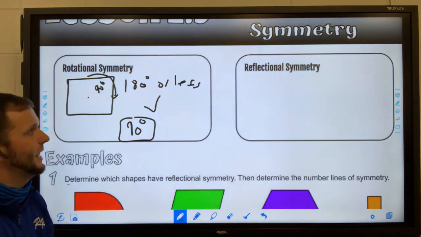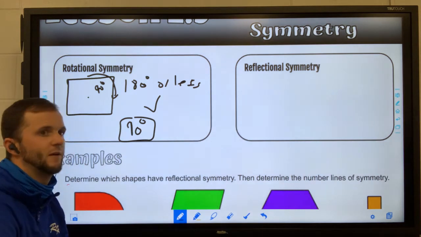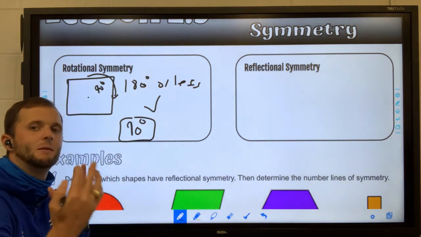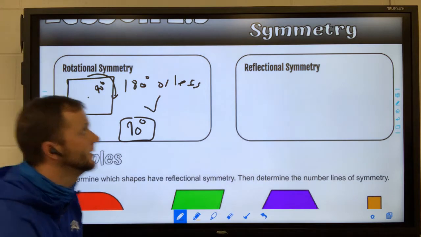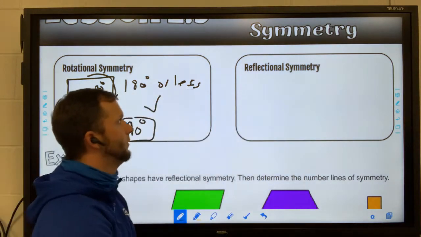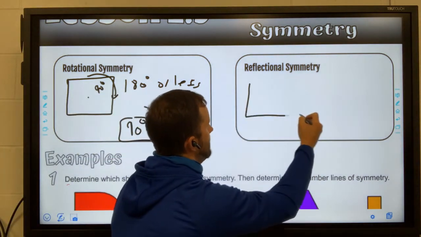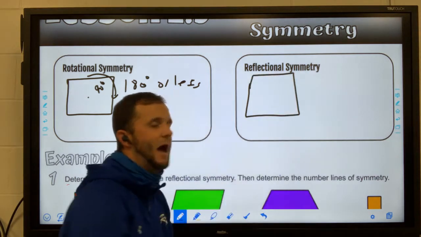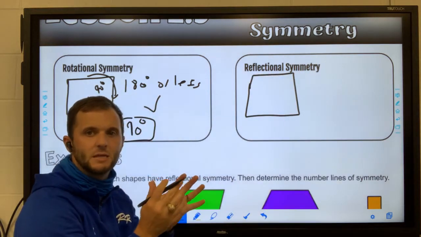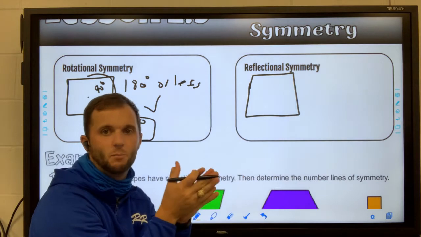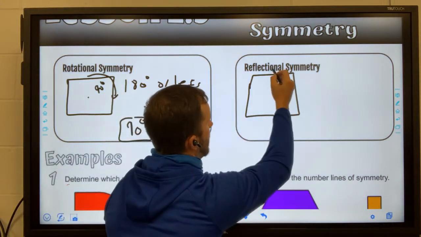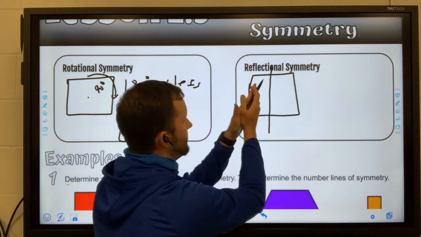The next one we're going to look at is reflectional symmetry. If I took a reflection, how many times would it look the same? If I take the same square, how many times could I draw lines through it and fold it, and the folds would match up with each other? On a square, if I drew a line straight down the middle, those would match up.